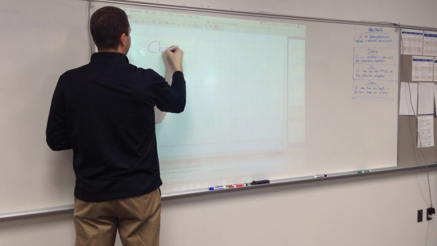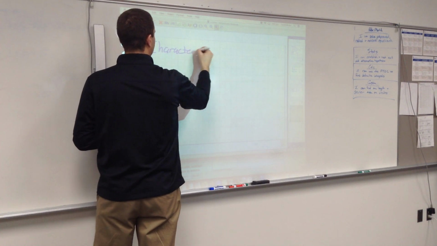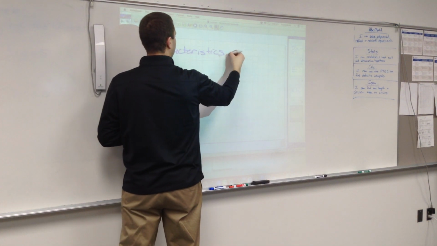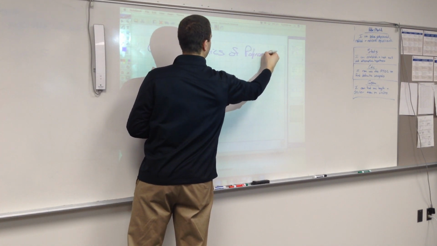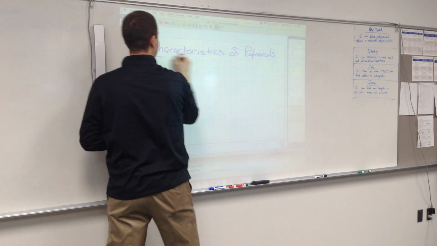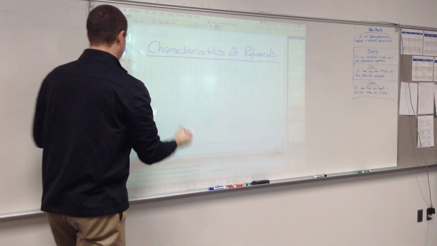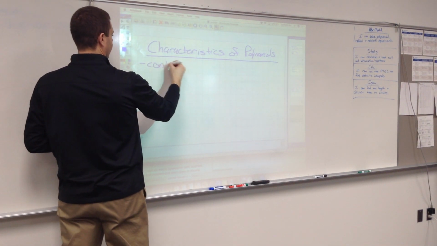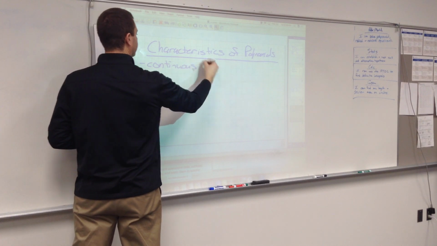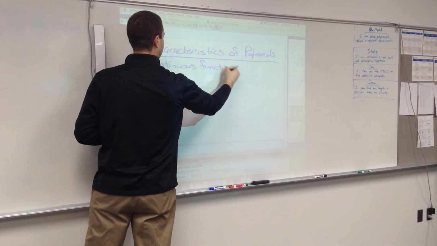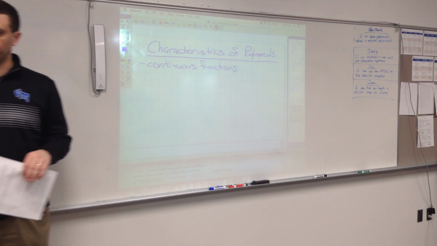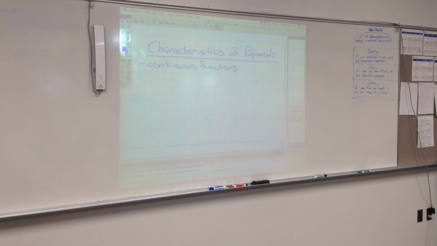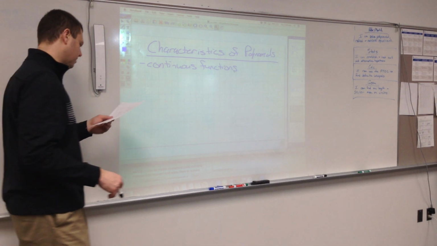A couple of characteristics of polynomials. They are always continuous functions, meaning you can draw them without taking your pencil off the paper. They're nice continuous functions. There are no asymptotes, no holes, no jumps.